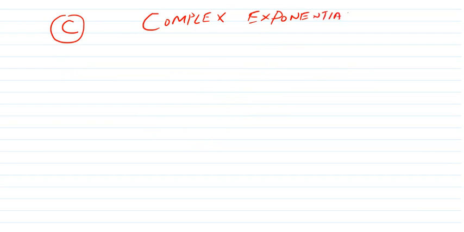Now we have the complex exponential signal. Let us discuss this. We will encounter complex exponential signals in our signals and systems course when we do the fast Fourier transform and discrete Fourier transform. So this is x(t), represented as e raised to the power j omega naught t.